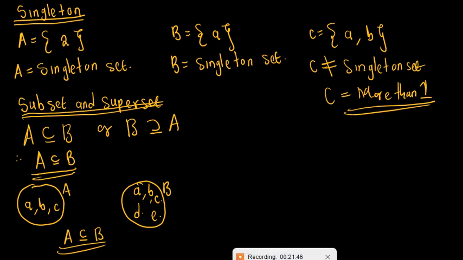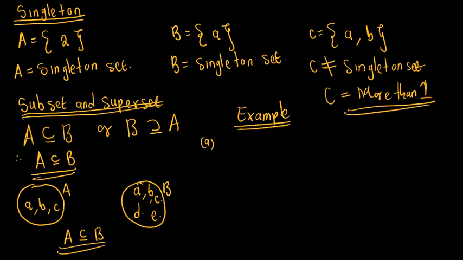Now, let's consider an example. Let's assume that A is this type of set, and it continues like that.